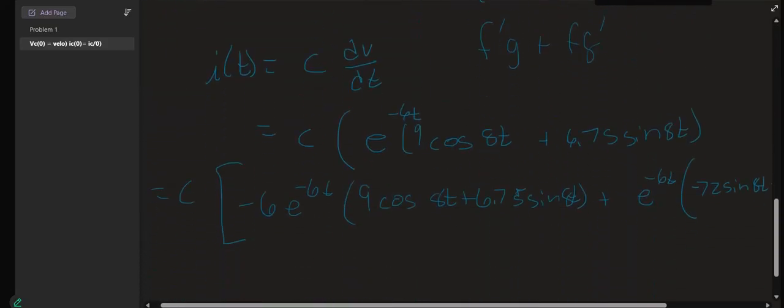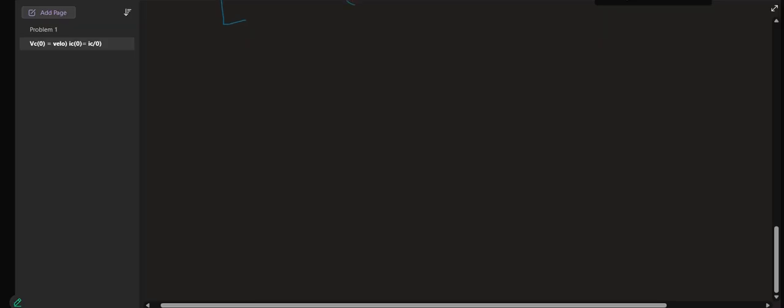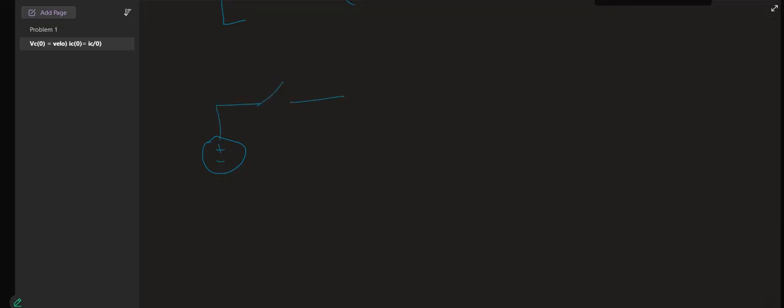Now, that would be entirely different if we had a circuit that looked like this, because it's in series. Let's say this was our circuit.